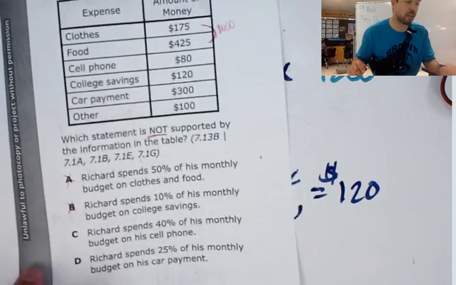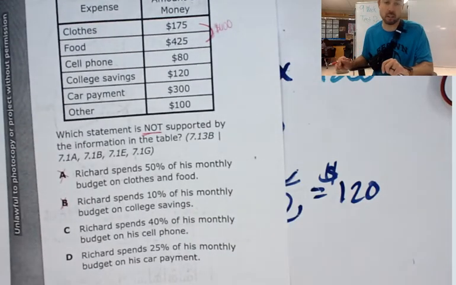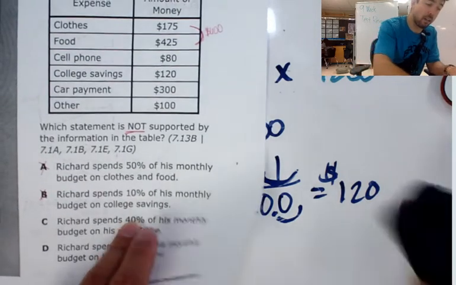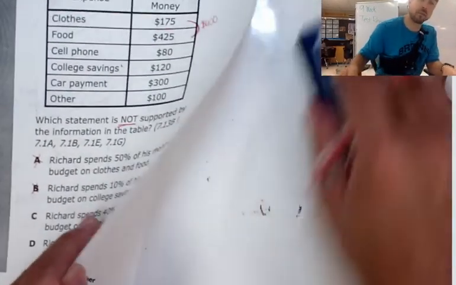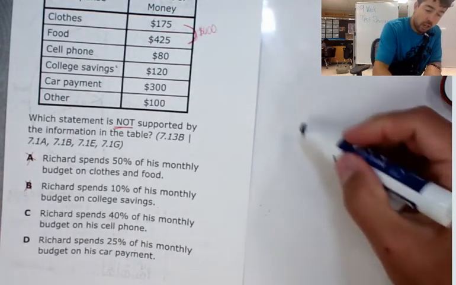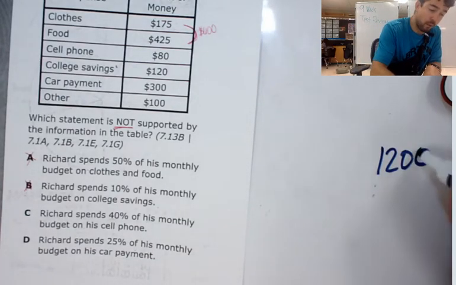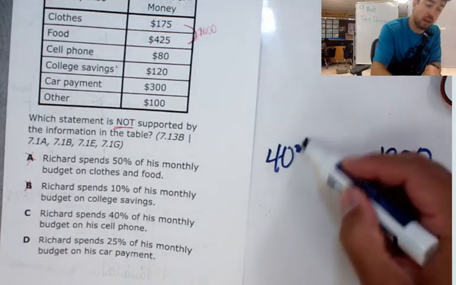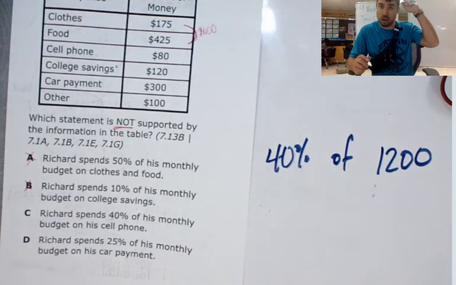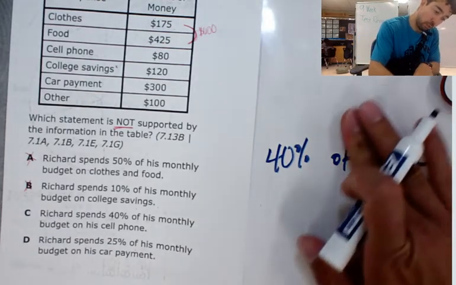C, Richard spends 40% of his monthly budget on his cell phone. Well, we're going to have to figure out what 40% of his monthly budget is. First of all, what's his monthly budget? $1,200. So we're trying to find 40% of 1200. We say that word "of" means to do what? Multiply.